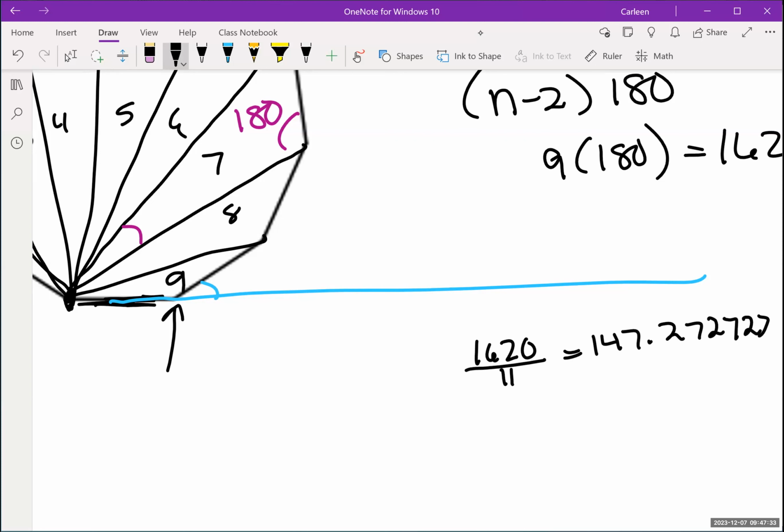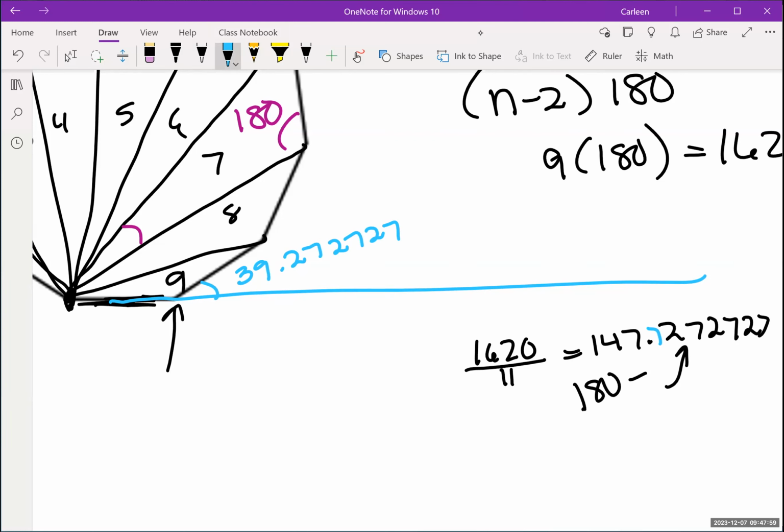That means the exterior angle is 39.27. Oh, you know what? I think I missed a 7 right there. 272727.